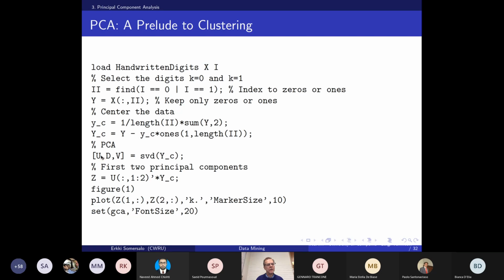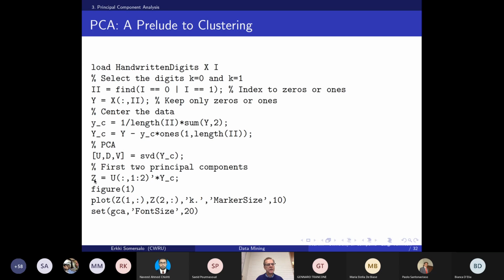Exactly as we did before, I calculate the singular value decomposition of my centered data. Then I take the first and the second feature vectors, and I'm taking the components of my centered data in those two directions. And so now my z is the reduced data, containing the first two principal components of this data set.